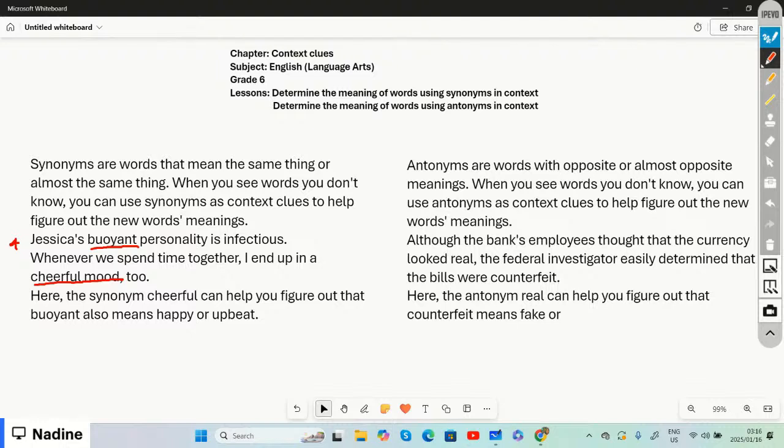And when you see words that you don't know, the same like we did with synonyms, then you can use the antonyms as context clues to help you figure out the new words' meaning.